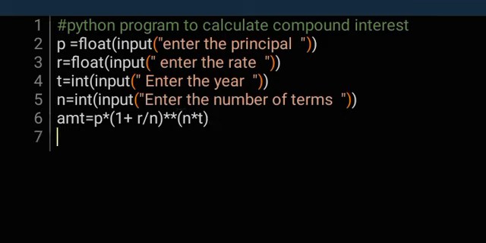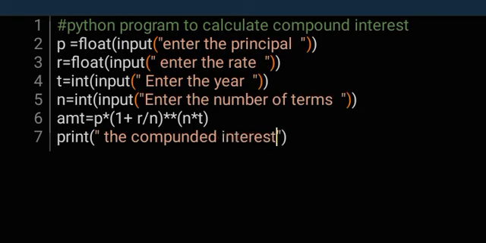So now to print out our compound interest that has been computed, the compounded interest is AMT.